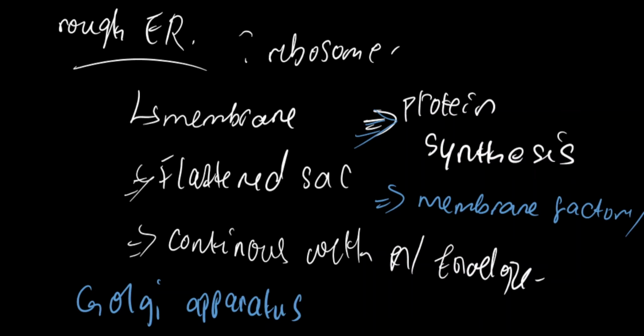However, because it's not an exclusive function of the rough endoplasmic reticulum, that process of adding a carbohydrate chain or sugar chain to protein in the lumen of the rough endoplasmic reticulum is not exactly called glycosylation.